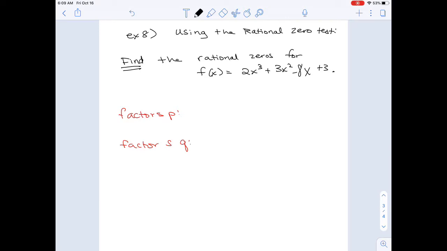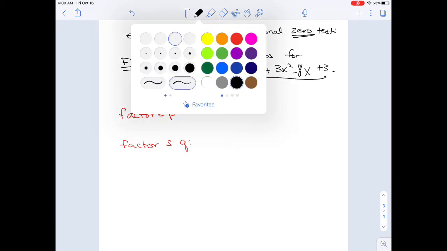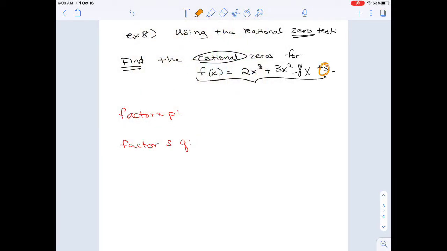So now we're going to use the rational root, the rational zero test, to find the rational zeros for this f of x. So again, we're going to look for the factors of p over the factors of q. So the factors of 3 are plus or minus 3 and plus or minus 1.